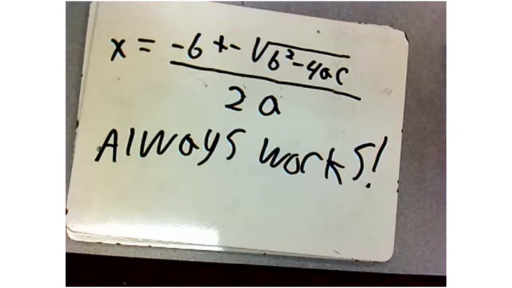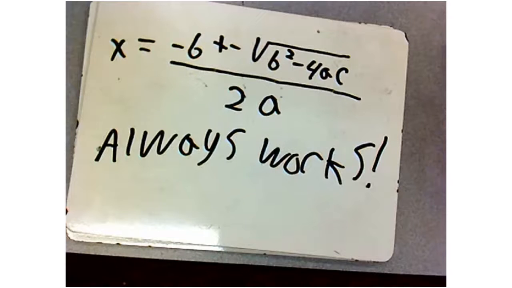And then they're following the steps. They move the c term over, just like we do in completing the square. x squared plus b over a x equals negative c over a. So again, that just comes from subtracting c over a from both sides. And then they continue with the whole completing the square thing.